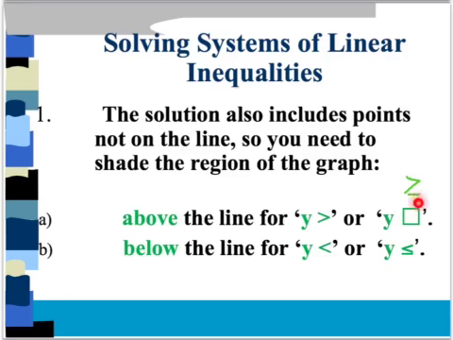Y first, then your symbol. So if it's greater than, think above shading. And when it's less than, think below for the shading. Pretty simple overall. Be careful when you flip this around, if it's something and then less than y, then you need to read it from the y's perspective. The y perspective will help you understand if it's above or below for greater or lesser.